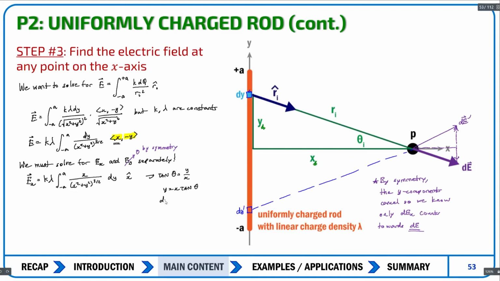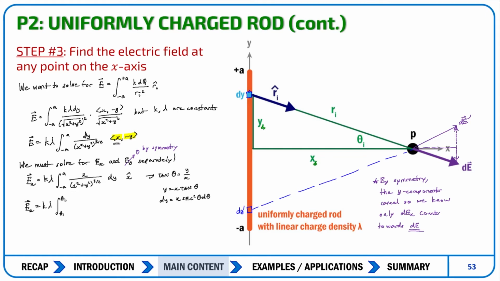And then you have dy, which you differentiate, and it becomes x secant squared theta d theta. In this case, what I can do is then have Ex be rewritten as k lambda. Solve this based on theta 1 to theta 2, because I've done a change of variables.